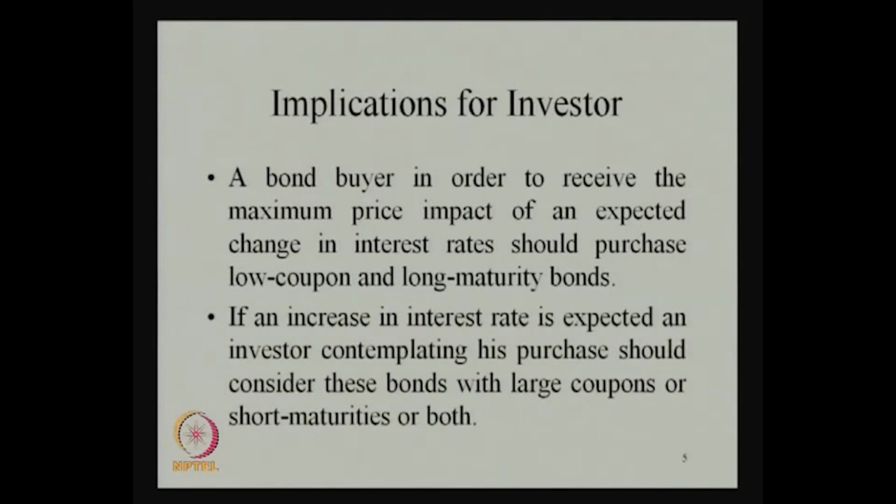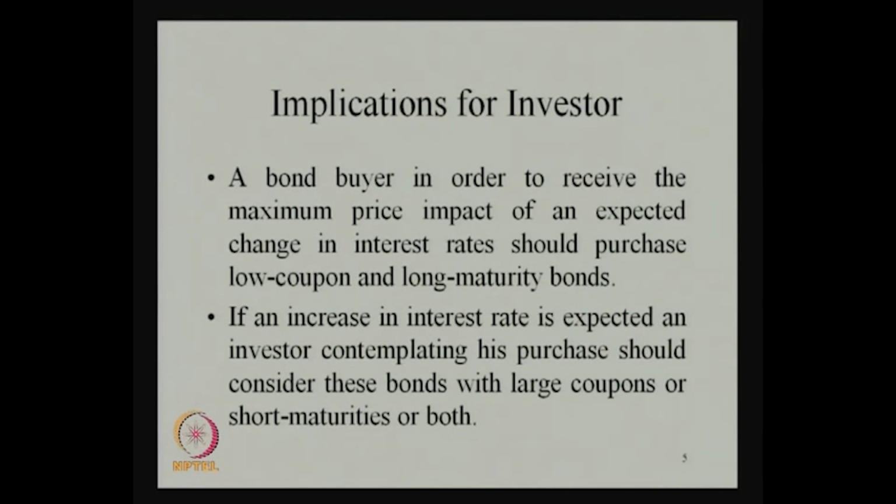From these, what kind of implications can the bond investor get? A bond buyer, in order to receive the maximum price impact of unexpected change in interest rates, should purchase low coupon and long maturity bonds, because these are highly sensitive towards these interest rate changes.